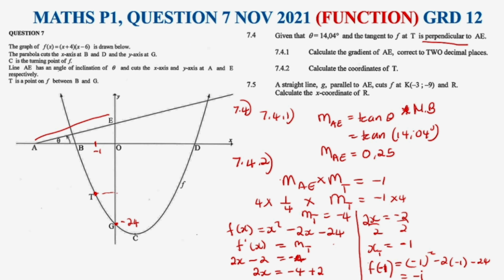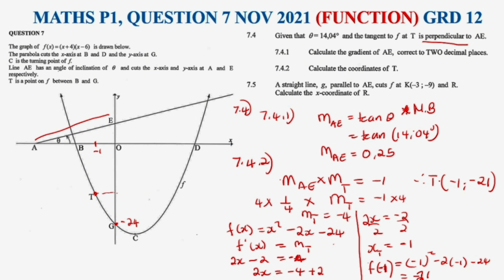Therefore the coordinates of t are negative 1, negative 21. Great stuff.